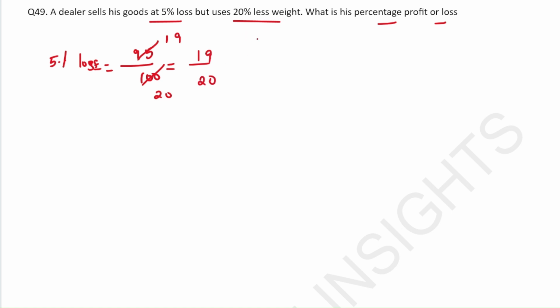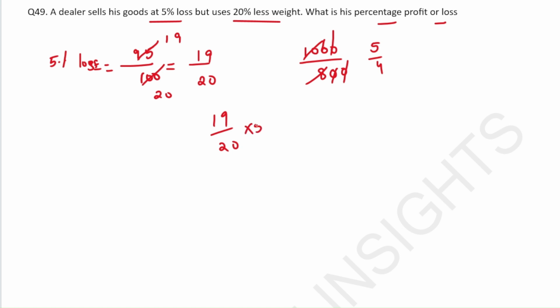Now, if the dealer is selling at 20% less weight, the actual weight is how much? 1,000, right? But he is selling it at 20% less weight, means he is getting a profit, yes or no? So 20% less weight will be 800 grams, yes or no? So if you cancel this, this will be 5 by 4. So arrange the values.